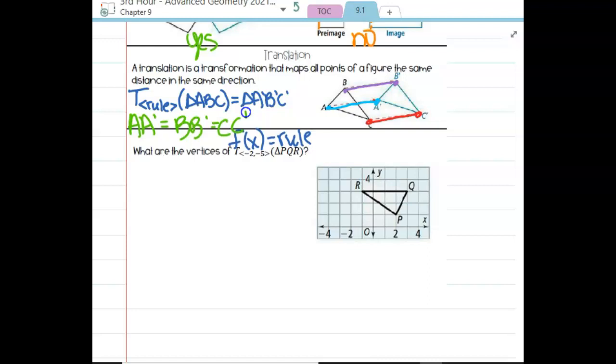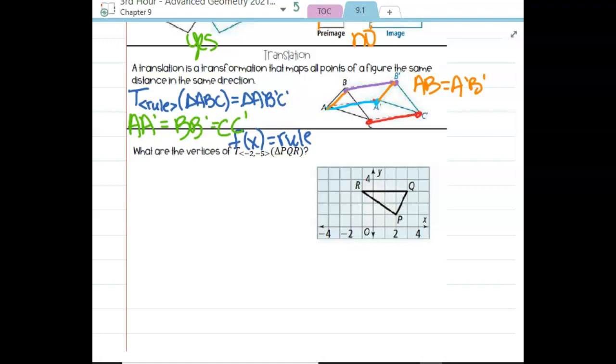But here's the thing. You could have three lines, A, B, and C, going the same distance, but not necessarily the same direction. If it's a translation, they need to go the same direction. So another thing that is true whenever you have a translation is that the segment AB in the original figure is the same as A prime B prime, which just means that this measures the same as this.